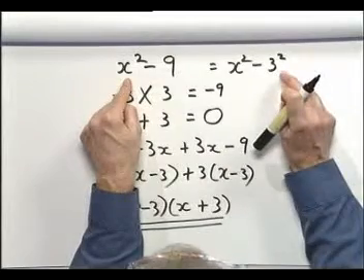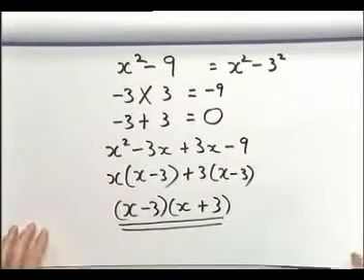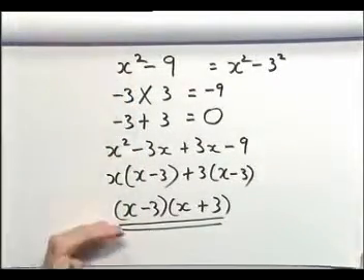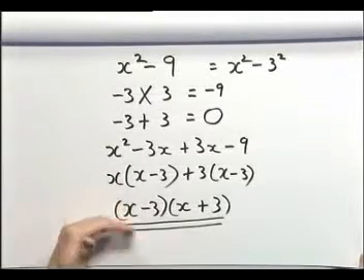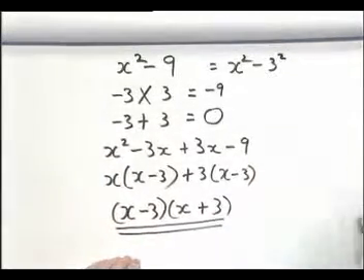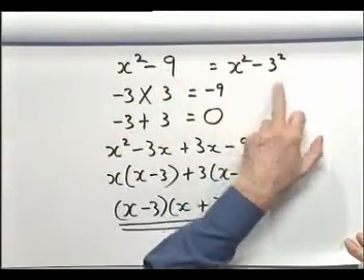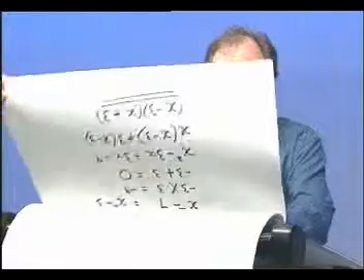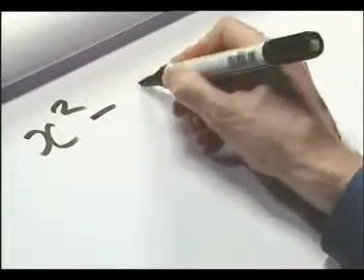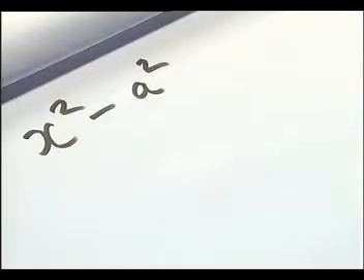In other words, it's the difference of two squares. So let's do this again, but more generally. In other words, instead of minus 9, which is minus 3 squared, let's write minus a squared. So we have x squared minus a squared.